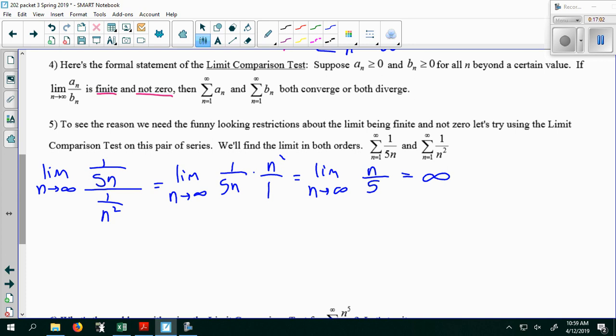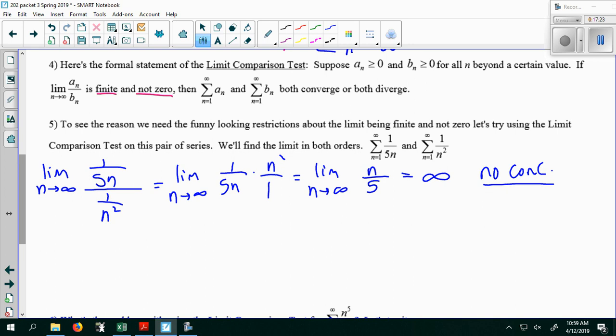It doesn't say what happens if the limit is infinity or 0. So we have to say no conclusion here. We happen to know that these have differing behavior, but if we didn't, we would have to do another test. We can't tell from this test.